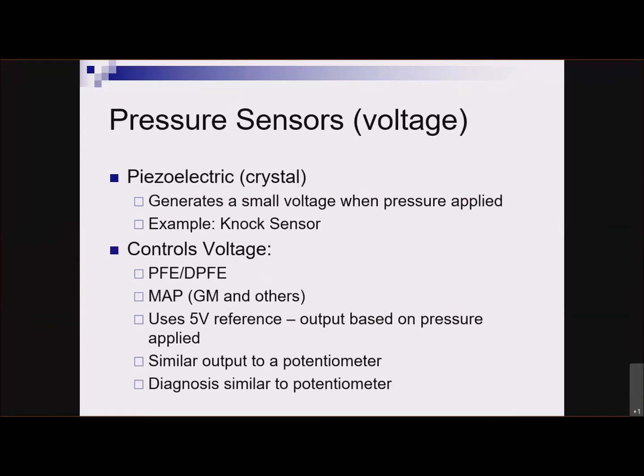Most pressure sensors don't generate their own voltage necessarily. They control some sort of voltage, right? So PFE, DPFE, those are Ford things, pressure feedback EGR or differential pressure feedback EGR.